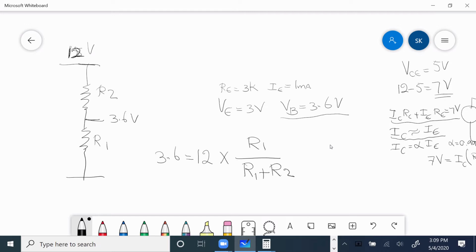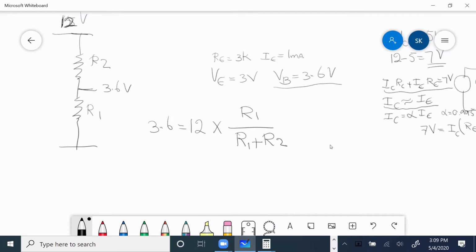Okay. So now, 3.6 volt is equal to 12 times R1 divided by R1 plus R2. And therefore, from here, R1 divided by R1 plus R2 is equal to 3.6 divided by 12, 0.3.